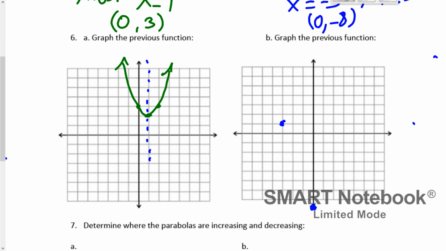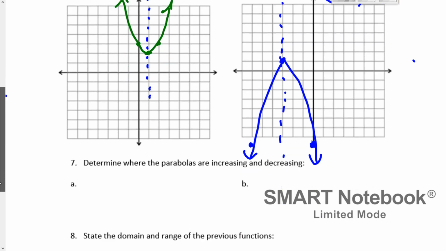So we can put an 8 down here, and then we fold it over that axis of symmetry that runs through here. So it's over 3, so if I go 3 more this way and go down 8, so there would be my graph. And really, I could put in another point. I could plug in negative 2 for my x and see what I get out if you wanted to. So you could do any other points that you want to, but all you need is 3.